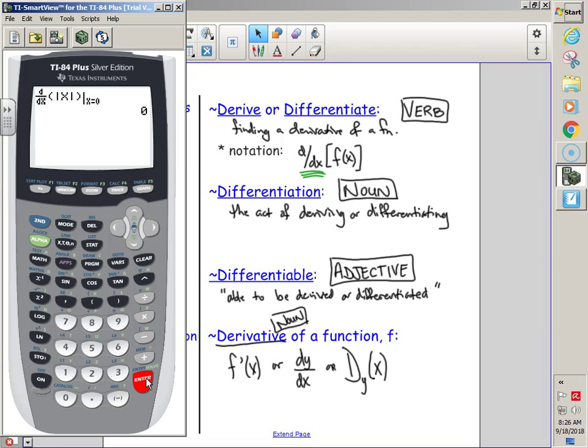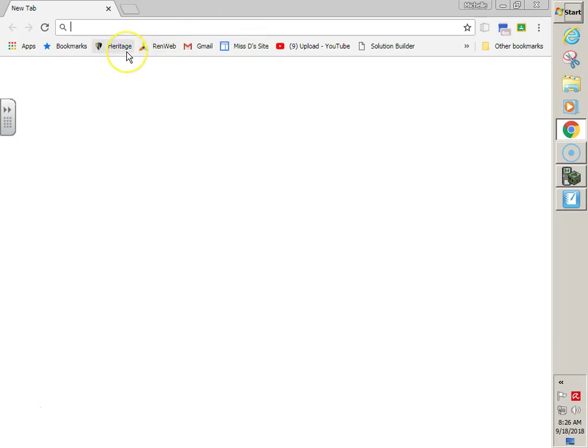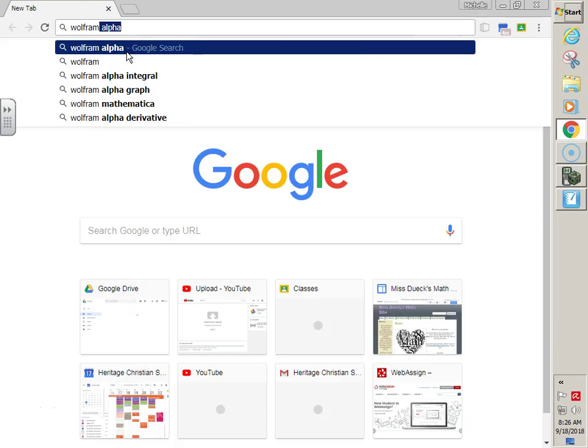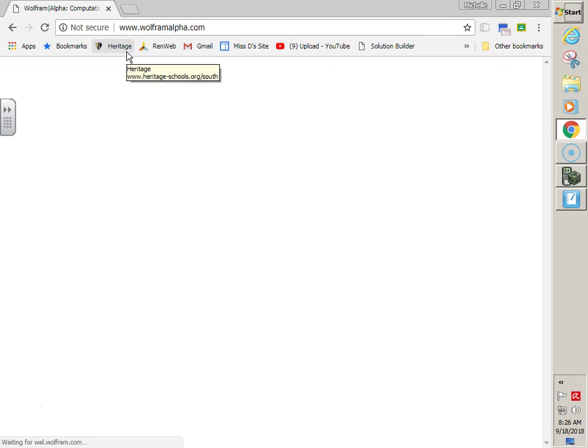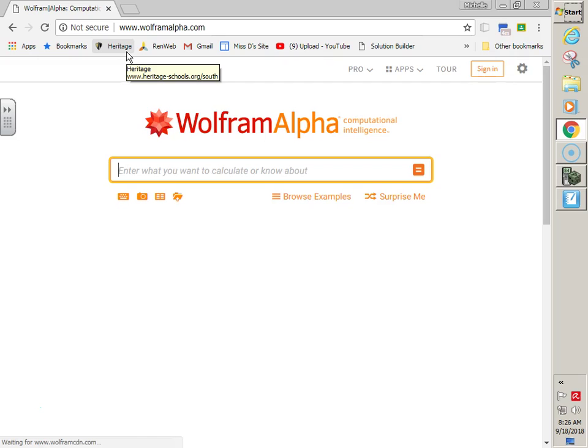Here's the struggle. Let's go online to a really cool website called Wolfram Alpha. Anybody know about Wolfram Alpha? No? Wolfram Alpha is the computing language behind why Siri can do math.